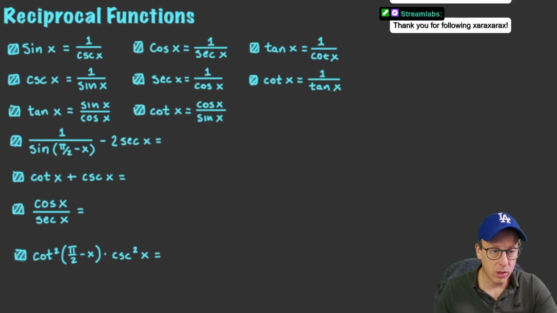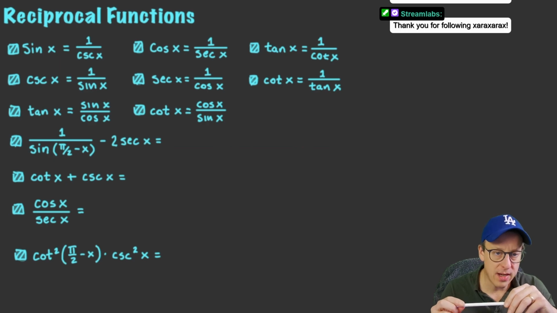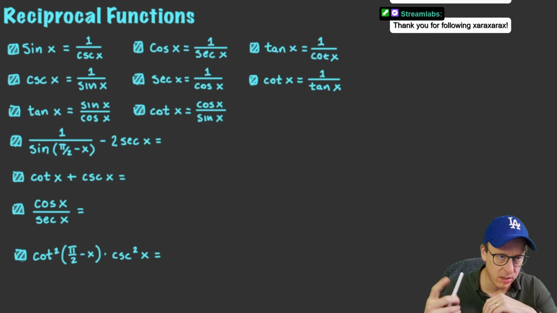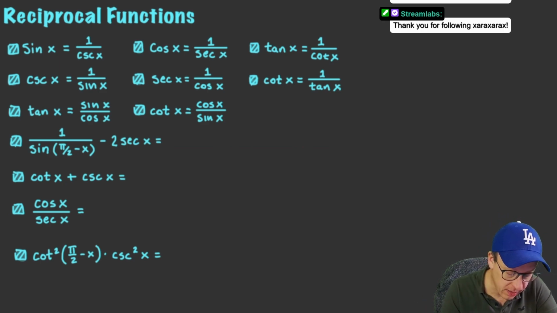All right, in regards to reciprocal functions, again, these just provide us different ways of simplifying rather complicated equations down into way more simplistic forms. I'll give you an example.